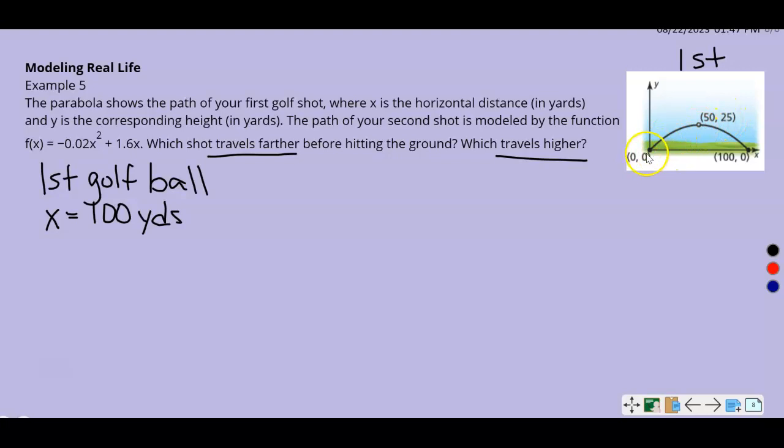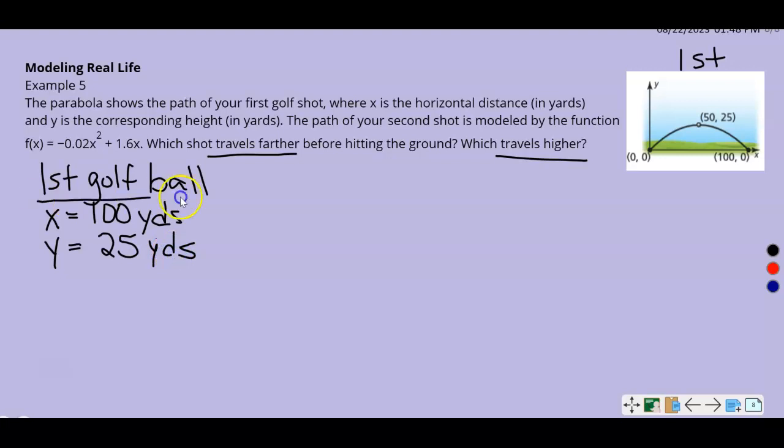So if you look at 0 to 100, halfway between that is 50. So we can conclude that 50, 25 is our vertex, meaning that this is the highest point. The vertex will be the turning point. This will be the maximum value. So we can determine that y, our maximum value, is 25 yards high.